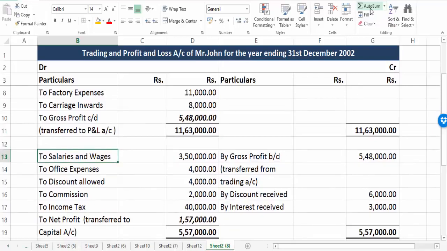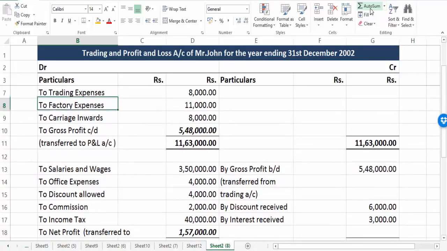We know wages will appear in trading account, but why have we taken salaries and wages in profit and loss account? If information is available as wages and salaries, we'll take it to trading account. If it is available as salaries and wages, then we have to assume that the major portion is salary, so it will be taken to profit and loss account. Fine.